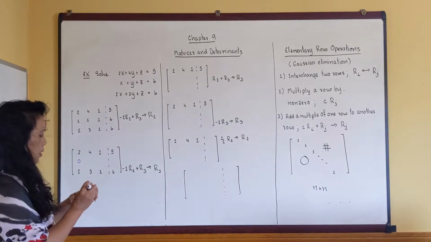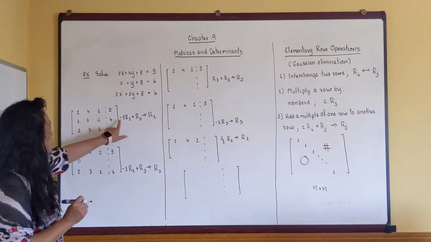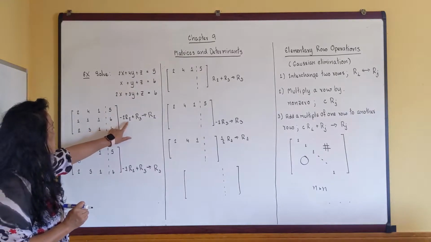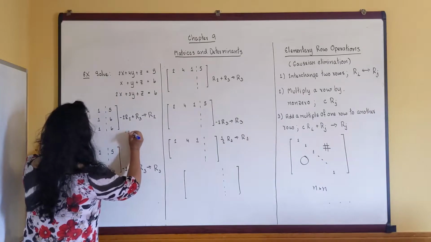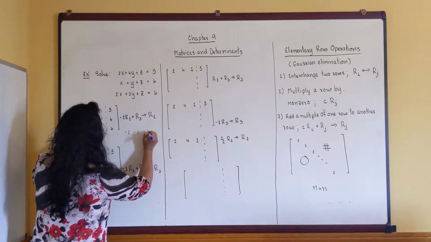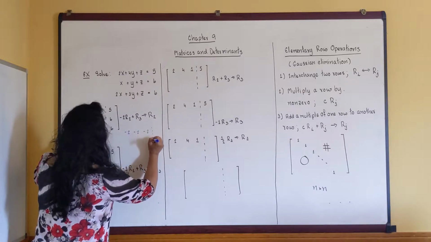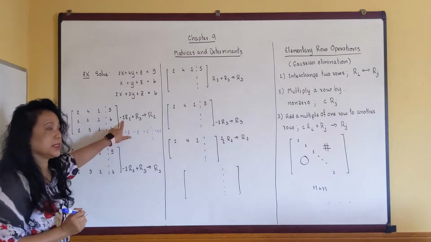So let's do it on the scratch board. If you multiply the second row by -2, I'm going to have -2, -2, -2, and then -12. That's -2 times the second row.